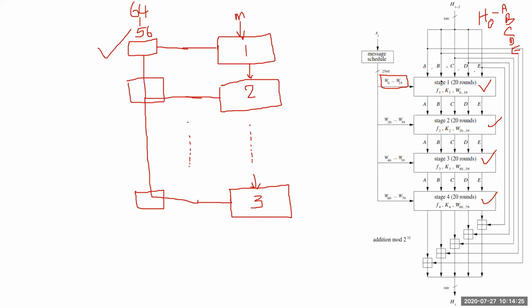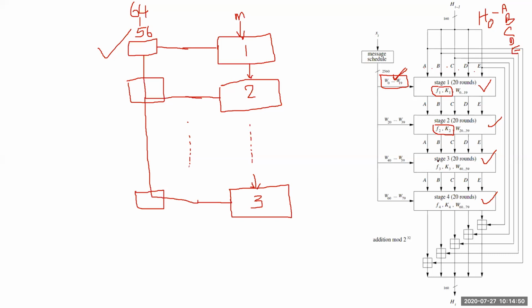Whatever message you pass here will be compressed by using individual functions: F1 and K1 at stage 1, F2 and K2 at stage 2, F3 and K3 at stage 3, F4 and K4 at stage 4.